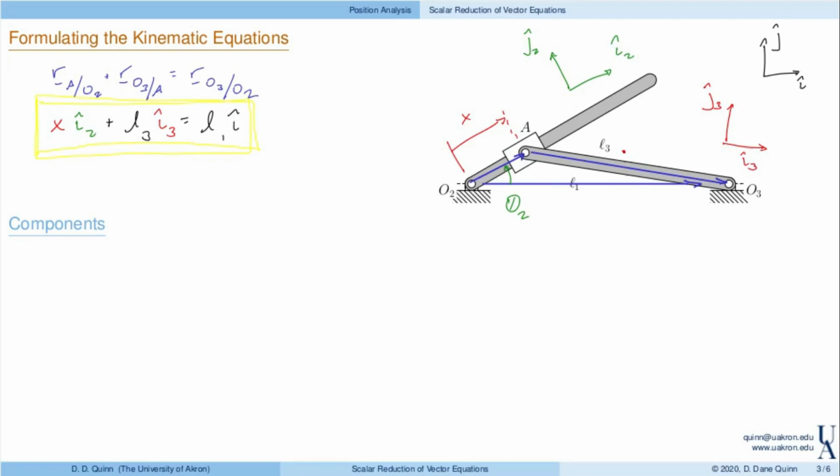Then we'll define the clockwise rotation of I3 and J3 with respect to I and J with the angle theta 3. So notice that x and theta 3 are unknown, theta 2 is the input, and L1, L3 are known lengths.